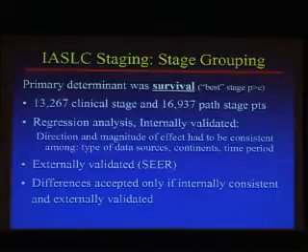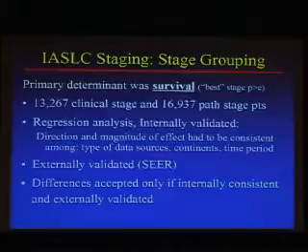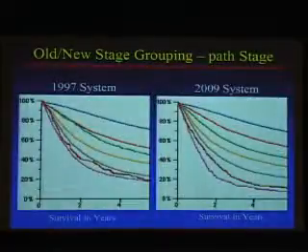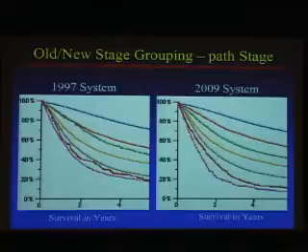One of the things you may notice on some of these slides is that although they had 81,000 patients, when they actually went to do some of these analyses, they didn't have full data on all of the patients that they could use for each of these analyses. So they took what they had. But they went through the same process and came up with a somewhat newer system of grouping the patients.